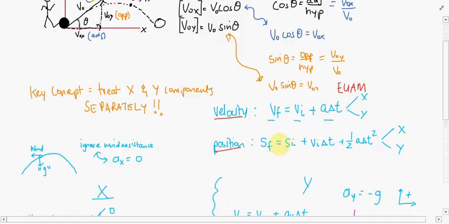Again, what is the position at any point in time of the projectile? And each of these are independent in terms of their x and y components. So we can analyze and assess them separately, and then put them together at the end to describe what happens in this projectile motion at any point in time.